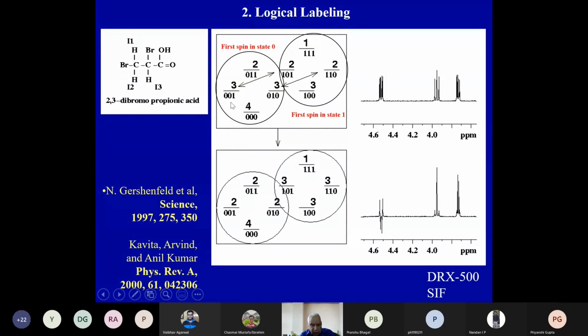One subset in which the first qubit is in state 0, and one subset in which the first qubit is in state 1. Okay, so these are two subsystems, and then you interchange the population of these by a pi pulse, which is resonating on that frequency, a single transition pi pulse. With a single transition pi pulse, you get a population distribution which is 4, 2, 2, 2 and 3, 3, 3, 3, 1. So it's a subsystem pseudo-pure state.